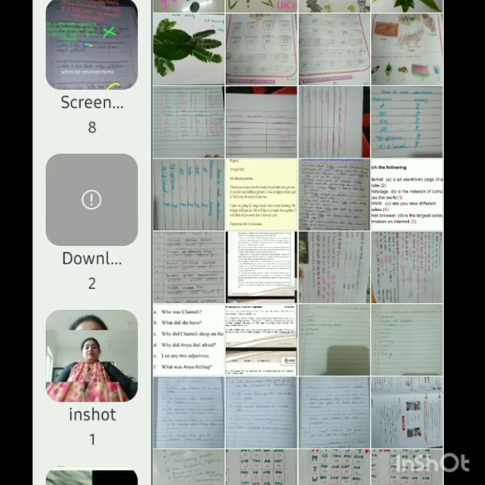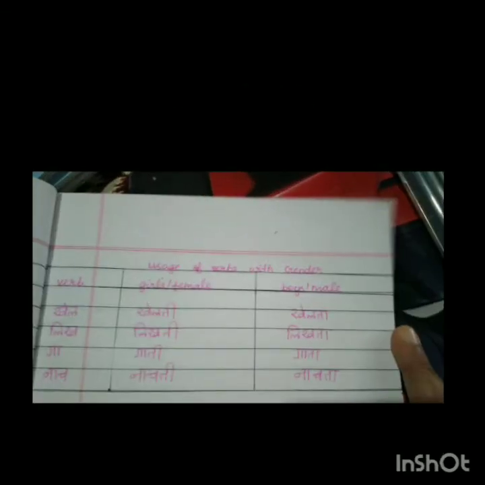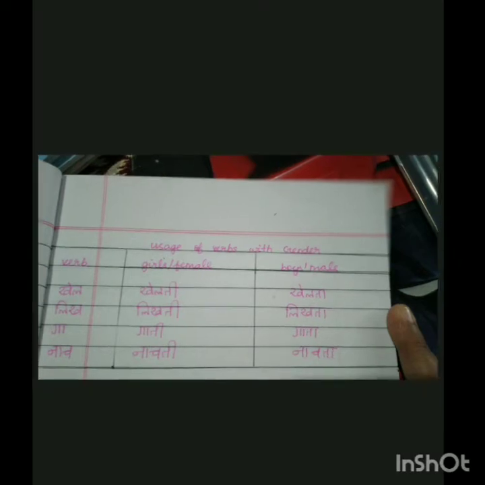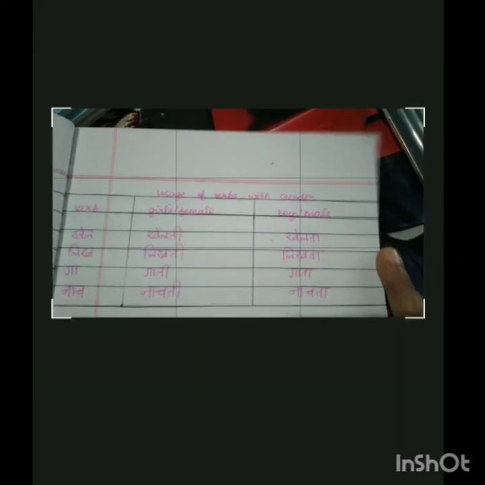What are the verbs? There are so many verbs you would have known, right? There are verbs like playing, swimming, singing, dancing, whatever you have learned in English, those action verbs are called verbs. The same thing applies here.